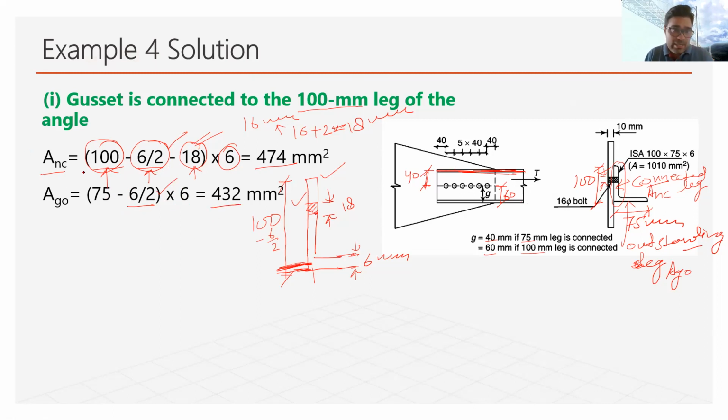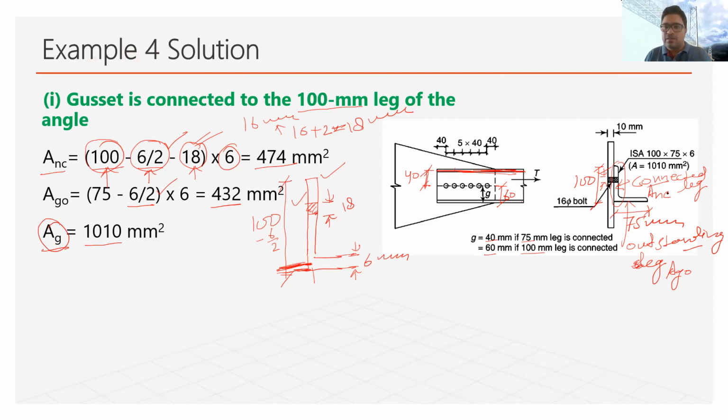Now ANC and AGO, we have calculated them separately, but at the same time we can find out the AG value also. How? Using the steel table. I have explained in the previous part how we can find out this AG value. So this AG value I have directly found from the steel table. So this AG is basically the gross cross-sectional area of the angle section.